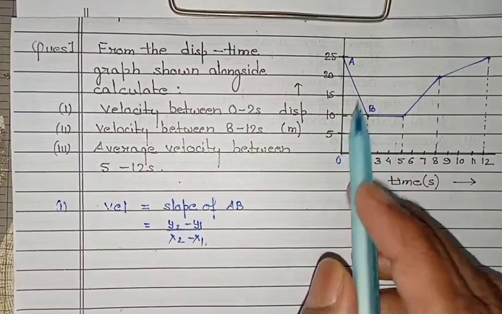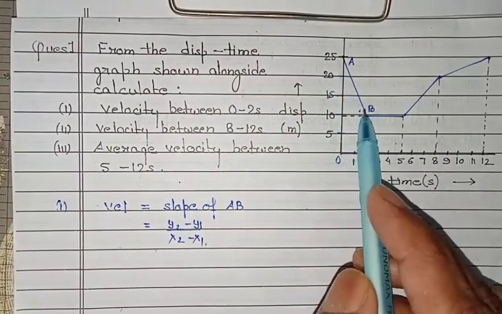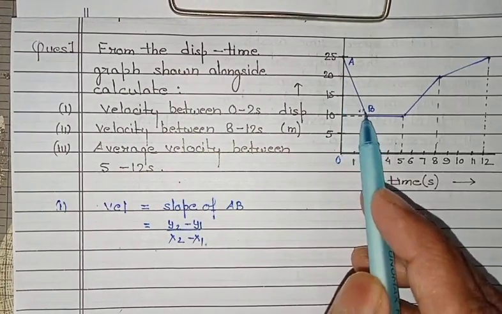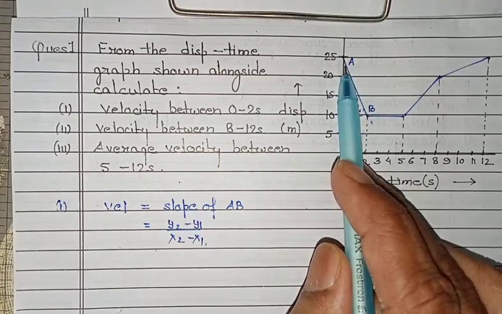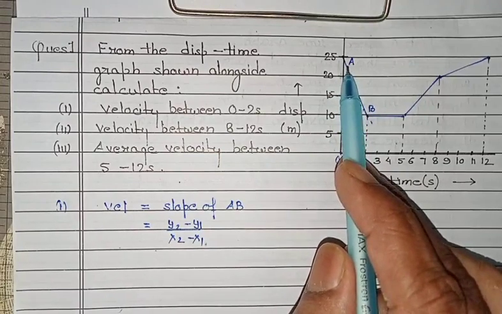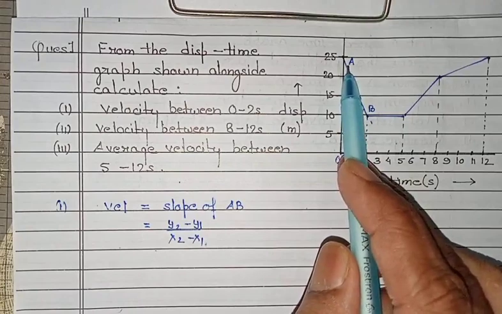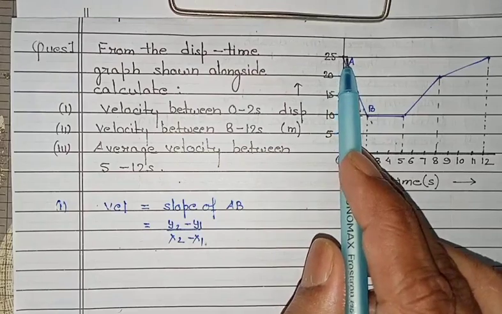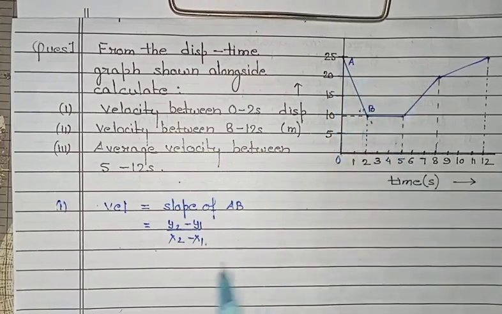For this, you will consider 2 points on this sketch. As the sketch is moving in the downward direction, A is the first point. So whatever values we get for x and y at point A will be your x1 and y1.